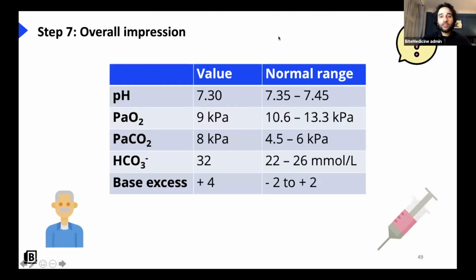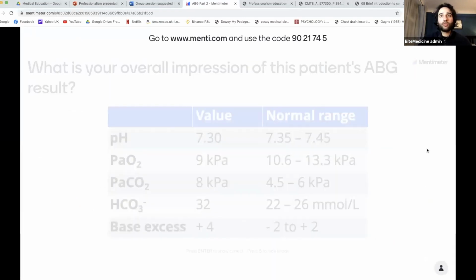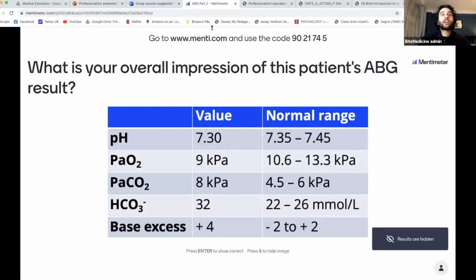So finally, with this chap, what is our overall impression of this guy's arterial blood gas? So what do we think is going on with this chap? Back to Menti, have a think.